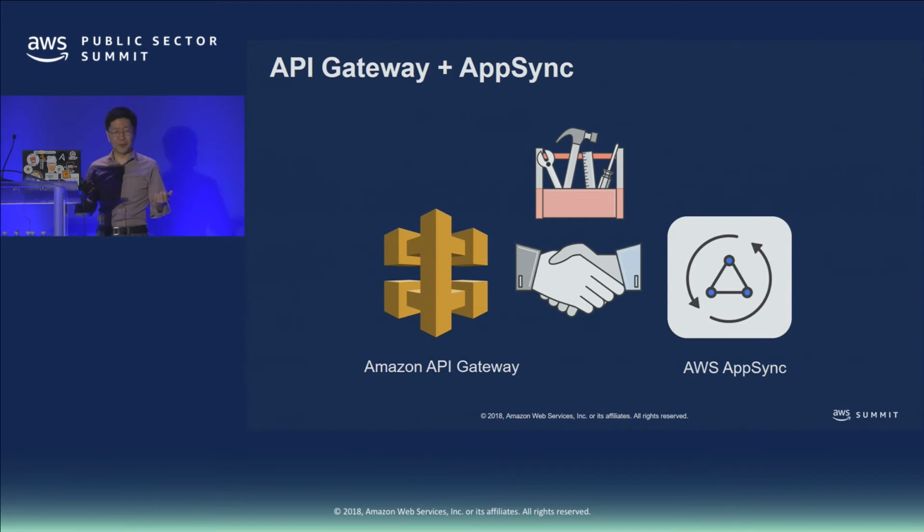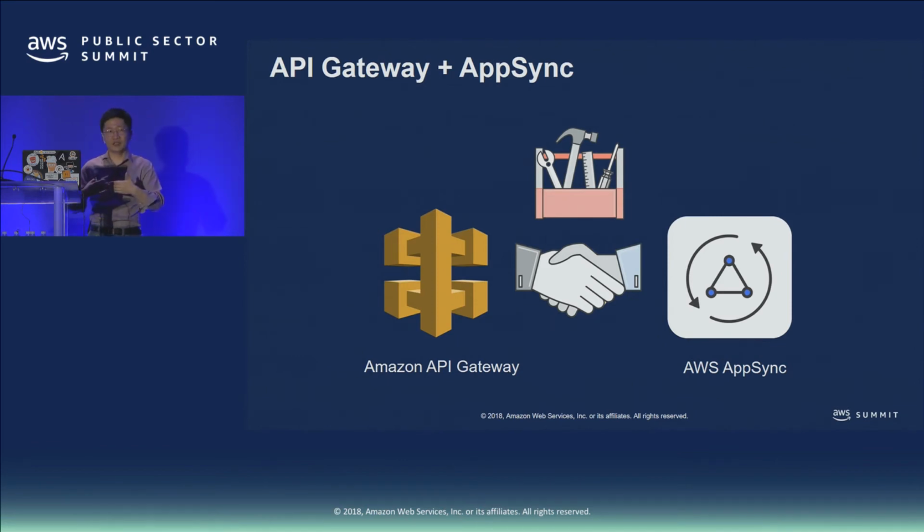That could be true, but we really don't force you to make a choice. We understand a lot of times you already have an HTTP RESTful service in your backend, you still want to talk to them. Or you want API Gateway to aggregate different endpoints and have a unified API for your front end. So you can still use API Gateway.